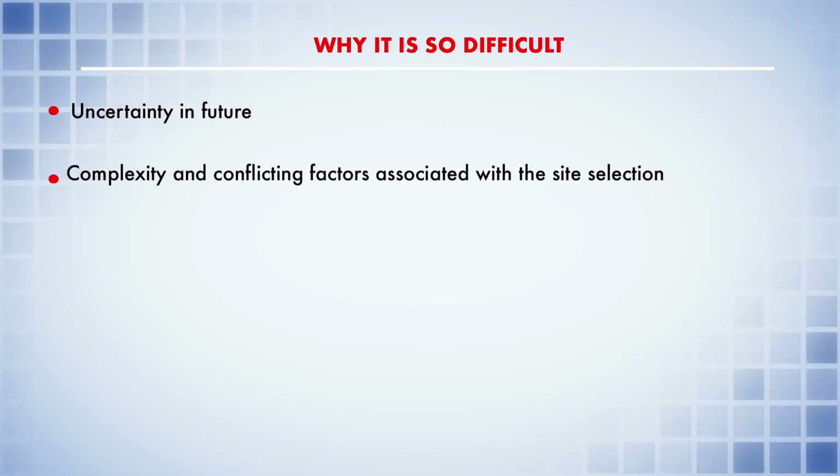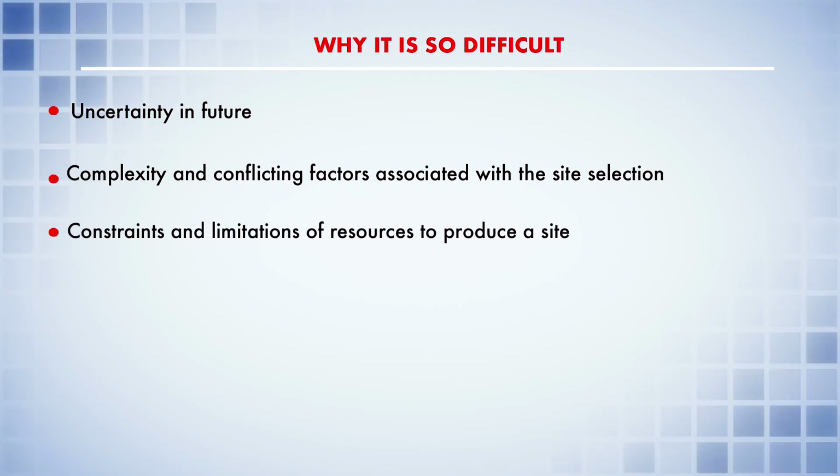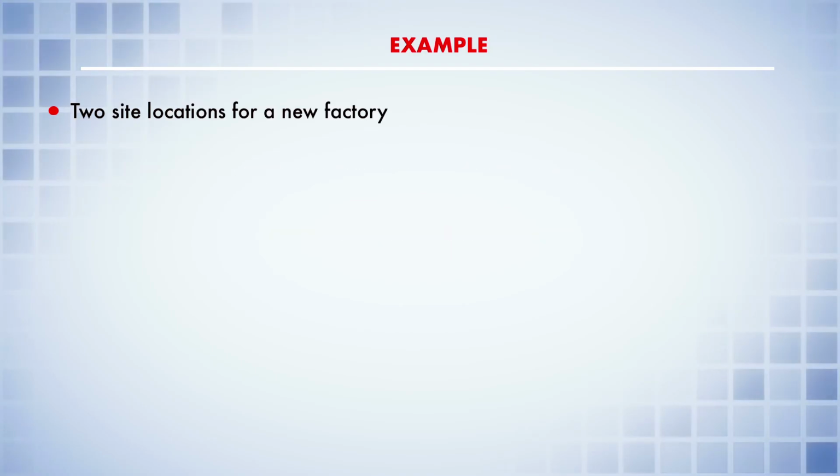Second important part is that there are complexity and conflicting factors associated with the site selection. There are some constraints and limitations of resources to procure a particular site. Let me give you one example.